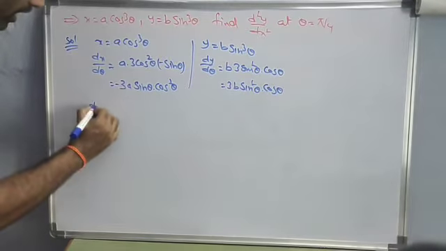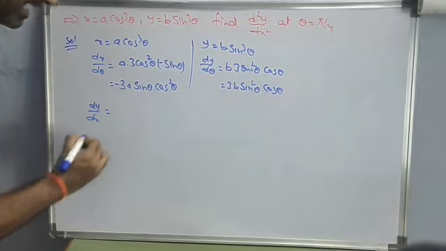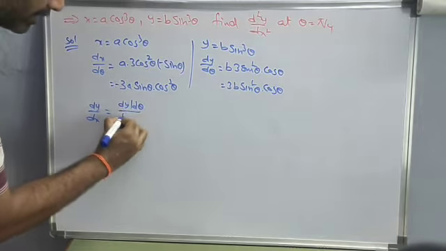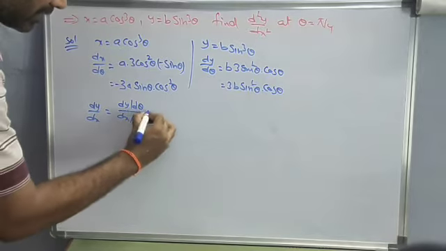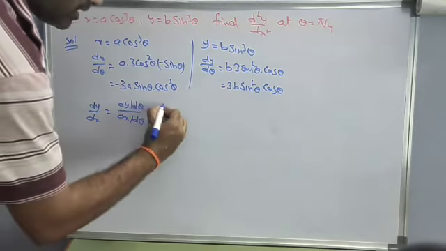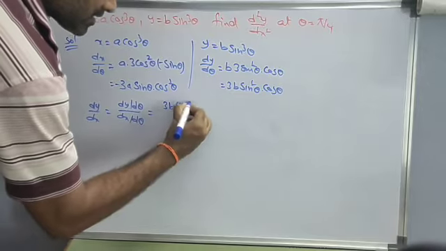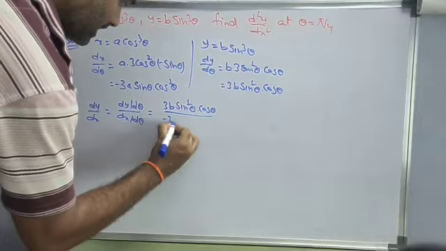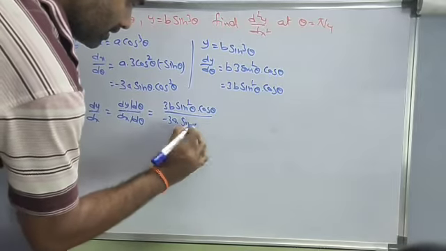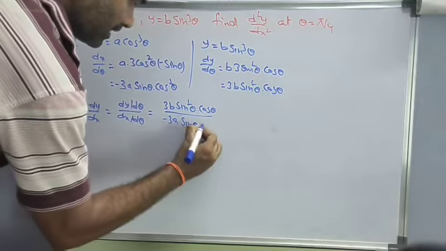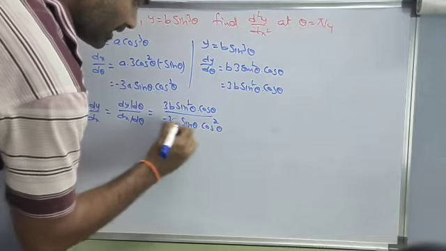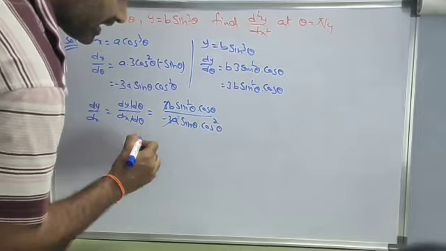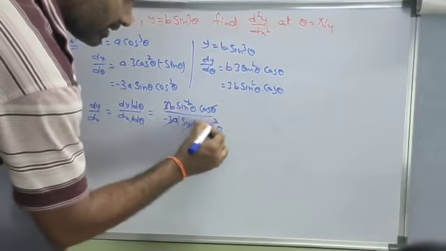Now I have to find the first dy by dx value. dy by dx means already I know that dy by d theta by dx by d theta. So what is the dy by d theta? 3b sin square theta into cos theta by minus 3a sin theta into cos square theta. 3 gets cancelled, sin theta here.